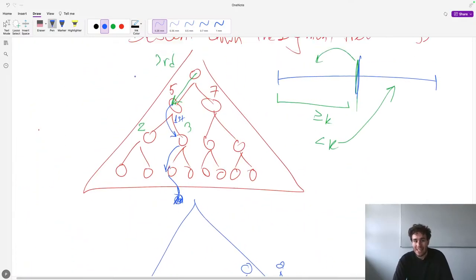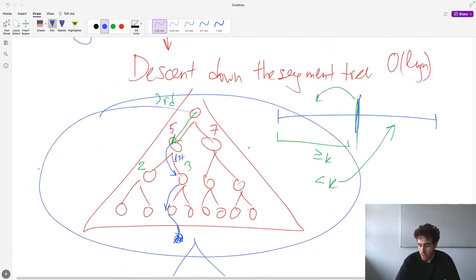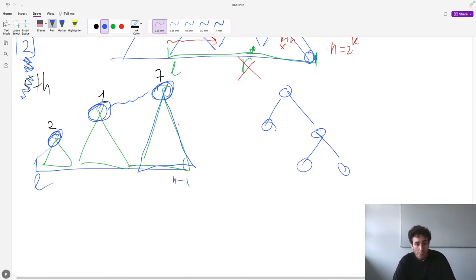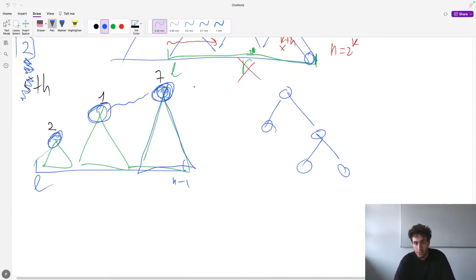And now I do exactly the same as what I told you when we wanted to find the kth one in the whole array. Now I just have a vertex of a tree, so I have a subtree, and I want to find the 2nd one in the subtree. And for that, I just descend down the tree. Again, like in binary search, I go either into the left or to the right.